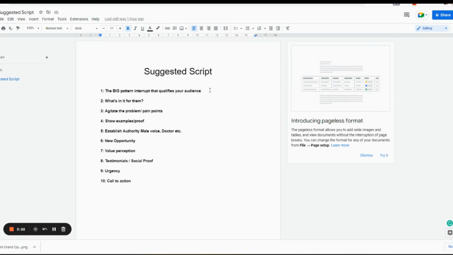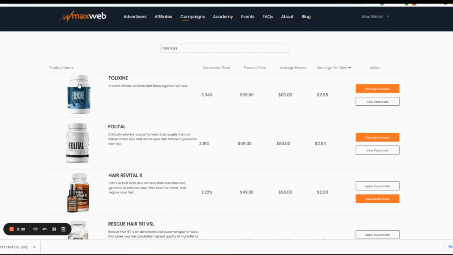And you need to qualify your audience. So what you would do is call out that audience. In my case, I've decided to pick a hair loss product called Folexine. So I'm going to go for this product. Although it is $80, and I did say I recommend something more like $100, I believe I'll be able to get cheaper clicks with what I'm going to do.